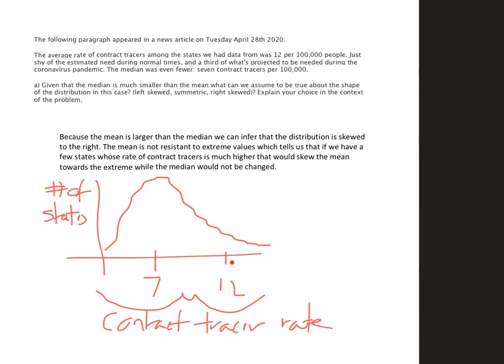But the size of that bigger number makes a difference when you calculate the mean. So because the mean is larger, that mean is literally being skewed, pulled towards these extreme values in our distribution. Okay, so that's the first question.